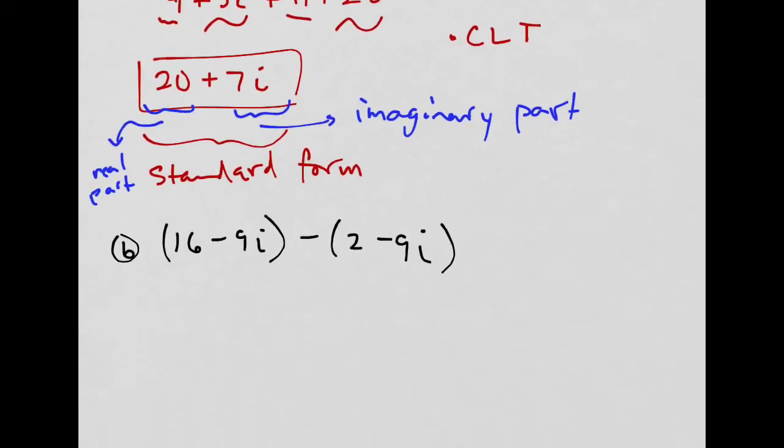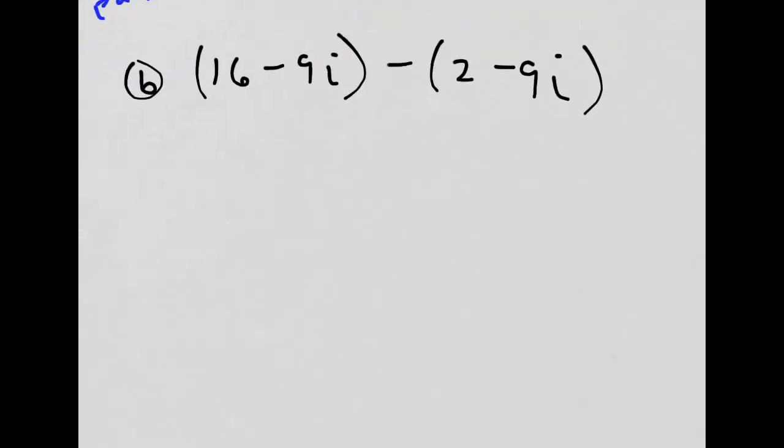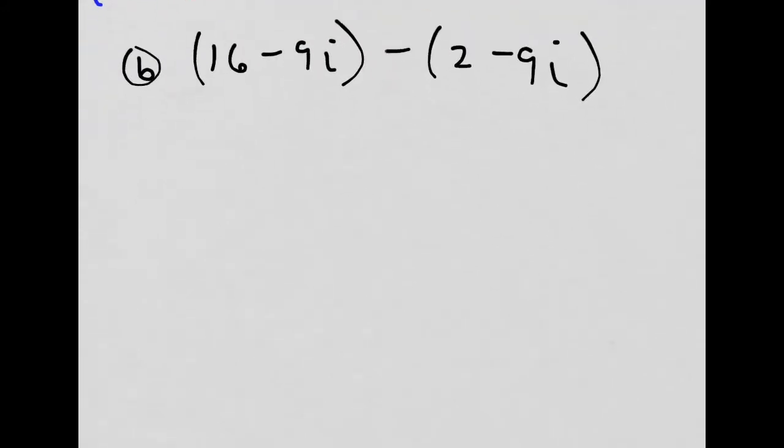Alright, so let's see what happens here. Well, the first thing is I'm going to distribute this negative and change. Remember, it's exactly the same as what we've done already. So then we have 16 minus 9i minus 2 plus 9i.